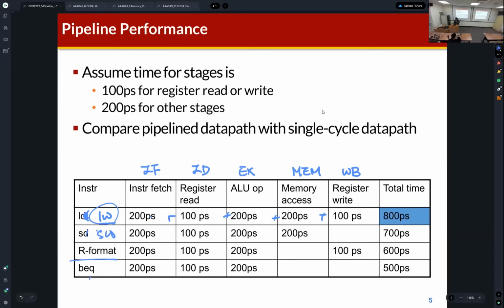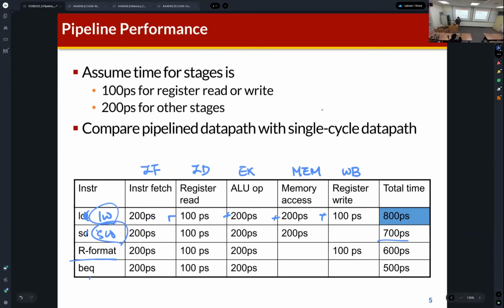Load word needs to use the ALU for computing the target address, and also needs to access the data memory, right? Store word does not have a write back step, so the delay of store word is 700 picoseconds. An arithmetic instruction does not access data memory, so this part is reduced.